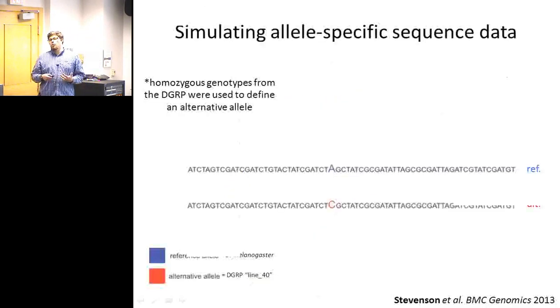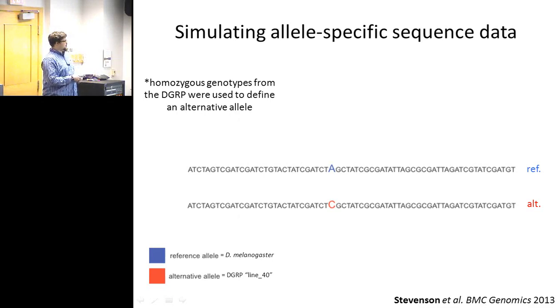So we really wanted to figure out why this was happening. When this work came out, it was a little bit unsatisfying that we didn't fully understand the reasons why this might be occurring. So in a simulation study, I actually simulated allele-specific sequence reads, and I used one of my favorite model organisms that we also use in my lab, Drosophila melanogaster.